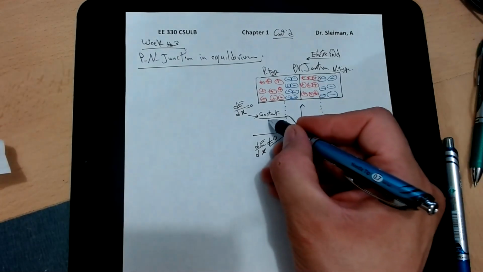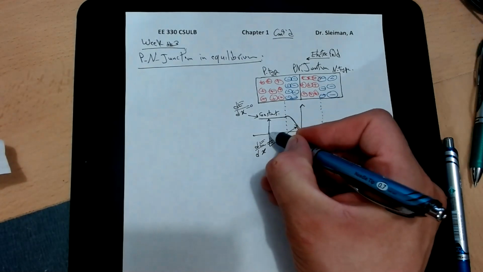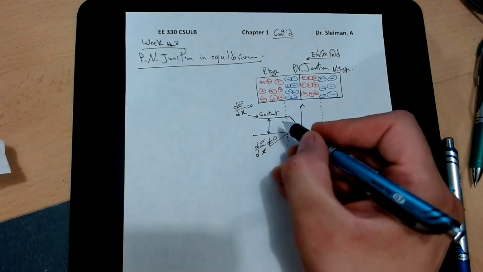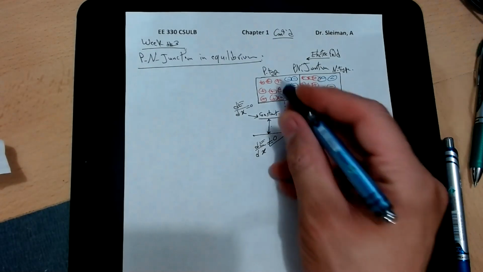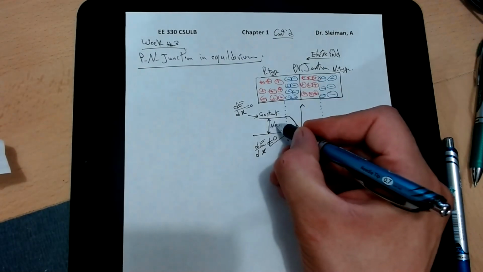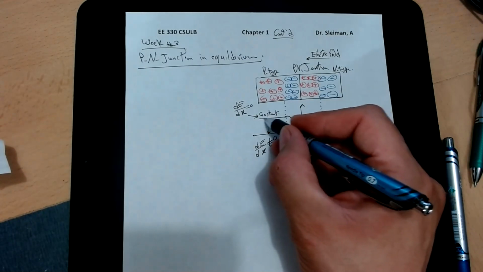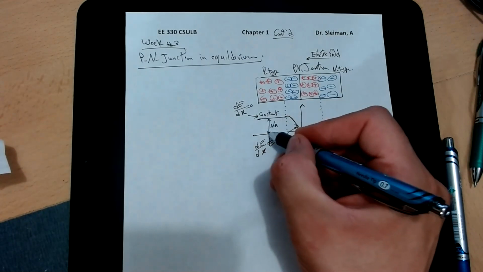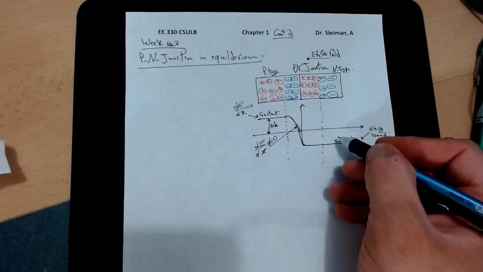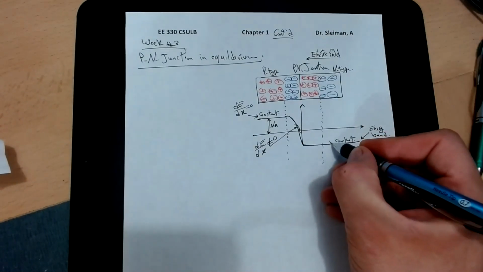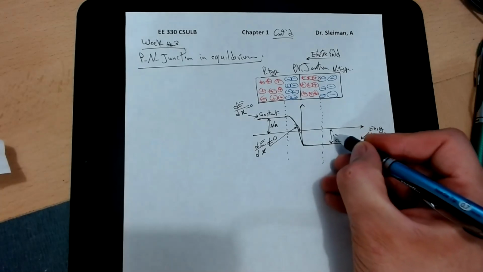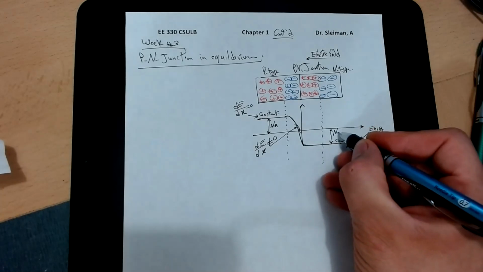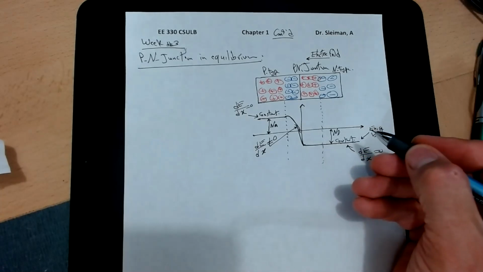This is the doping concentration on the p-type, NA. This is the distance from the energy band to the reference point. And on this side, this is the doping concentration on the n-type, ND.